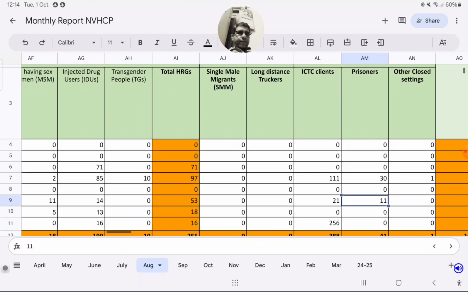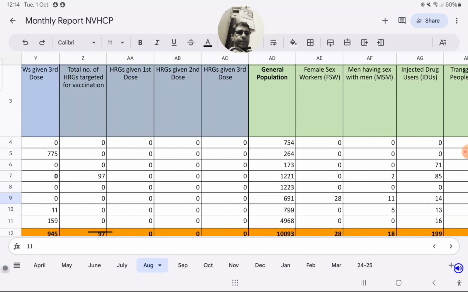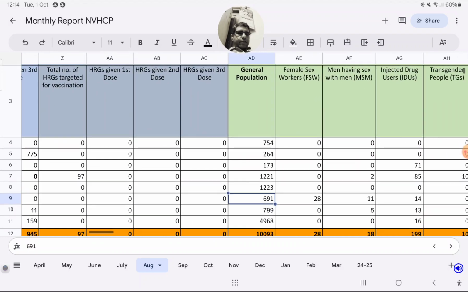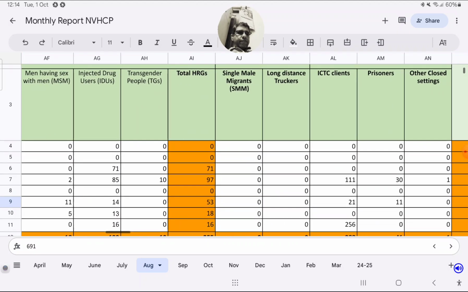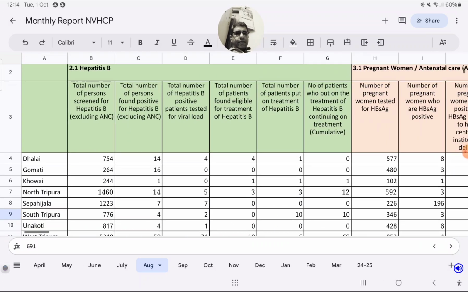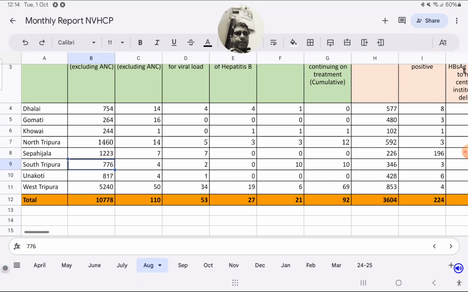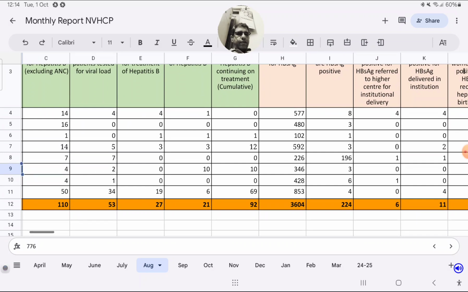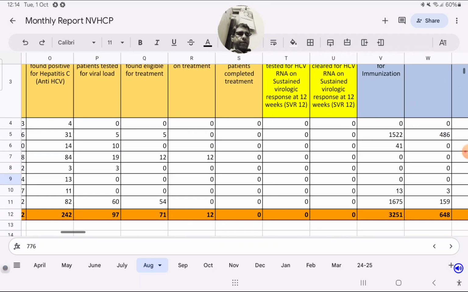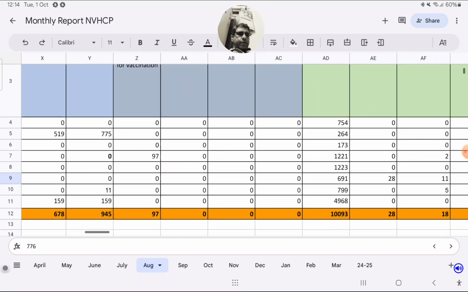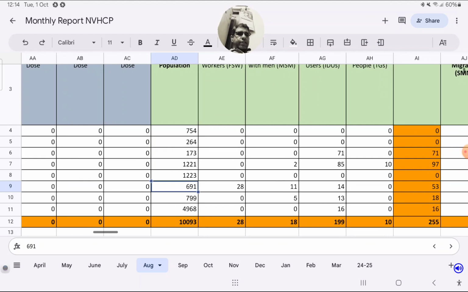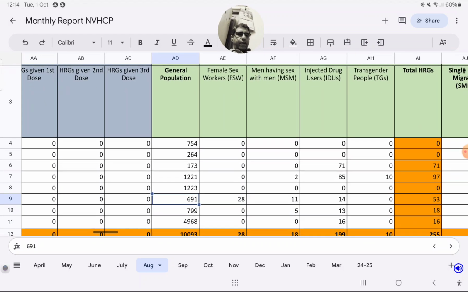Okay, so how much will be this section, the general population? The whole thing has been 776, so general population excluding all other special category of people, 691 general people have been screened for hepatitis B.